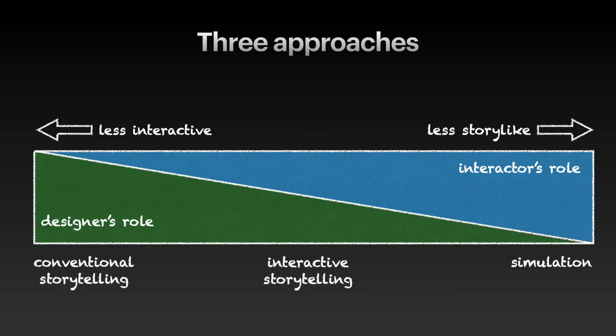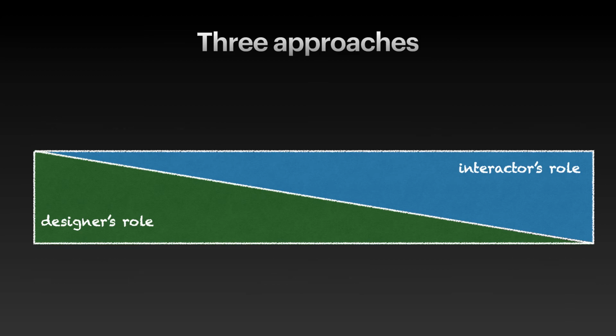The more we move to the left, the less interactive the story world becomes, and the more we move to the right, the less story-like the story world becomes. Let's now focus on this central area, the area of interactive storytelling.